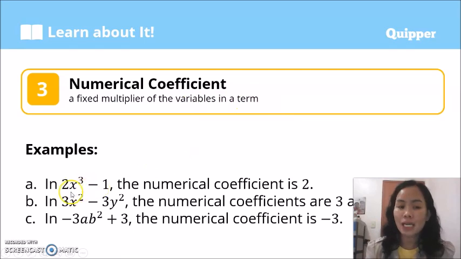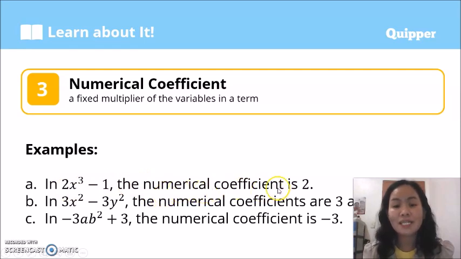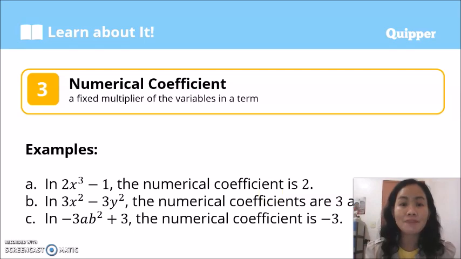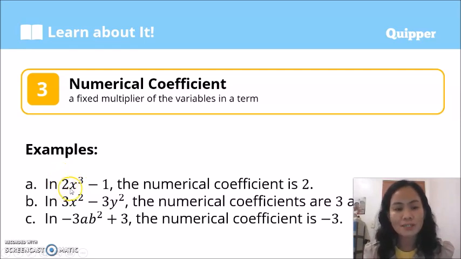So, in example A, 2x cubed minus 1. Di ba yung negative 1? Ito yung constant. So, anong tawag natin dito kay 2? Simply we call it as the numerical coefficient. Okay, numerical coefficient. So, kasama ng variable in a given term. So, this is one term. Okay, term. 2x cubed. So, ang kasama ng variable, yung 2. And we call this as a numerical coefficient.